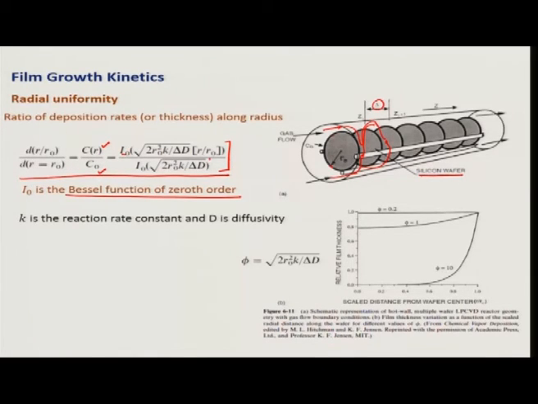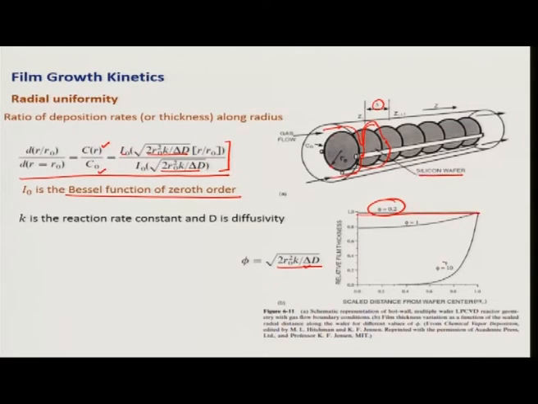What is important is this factor here, because it appears in both places. This depends on the radius, delta, and the diffusivity of the reactants in the gas phase. Now, if phi is very small, you can see that deposition is very uniform.